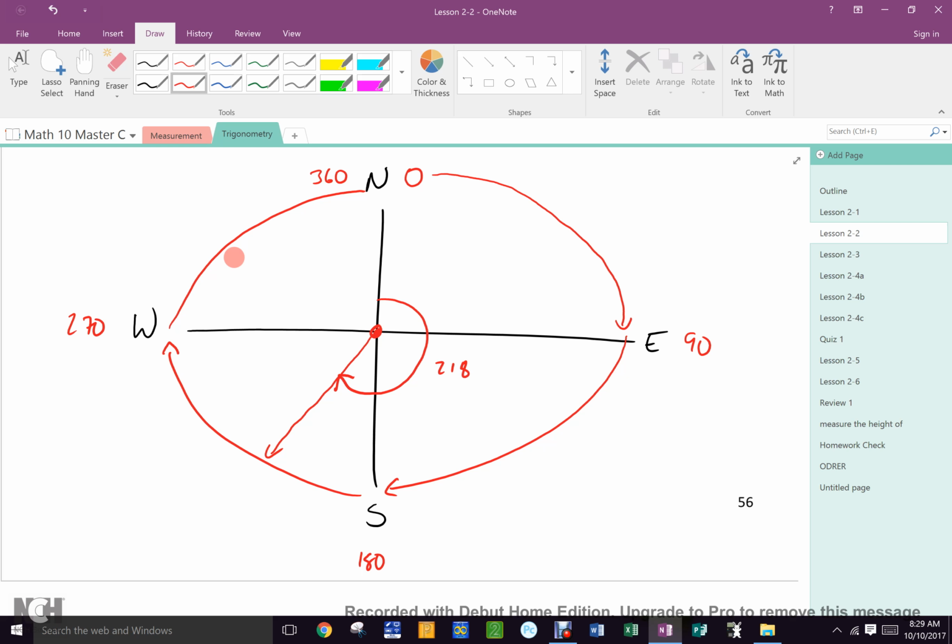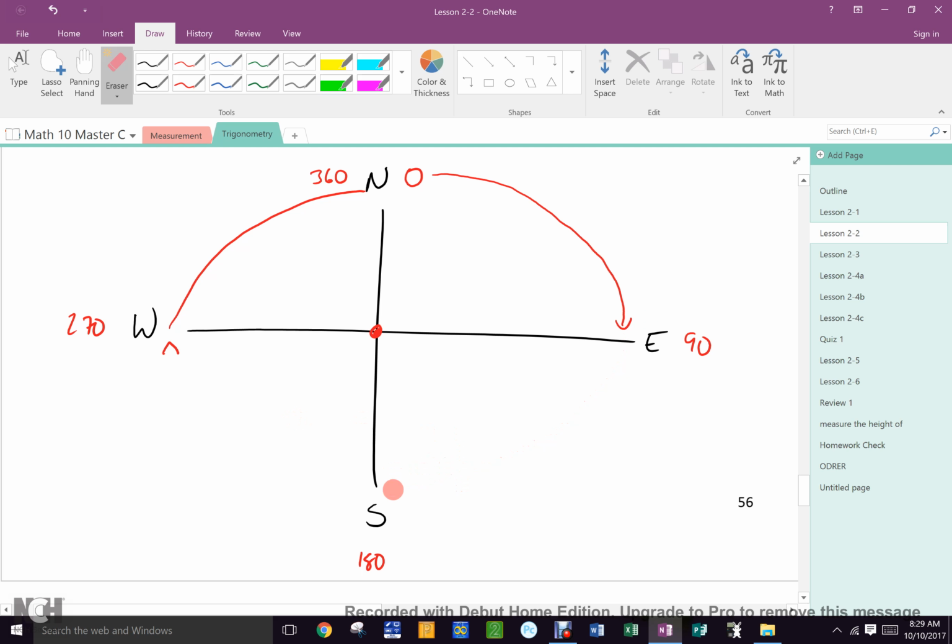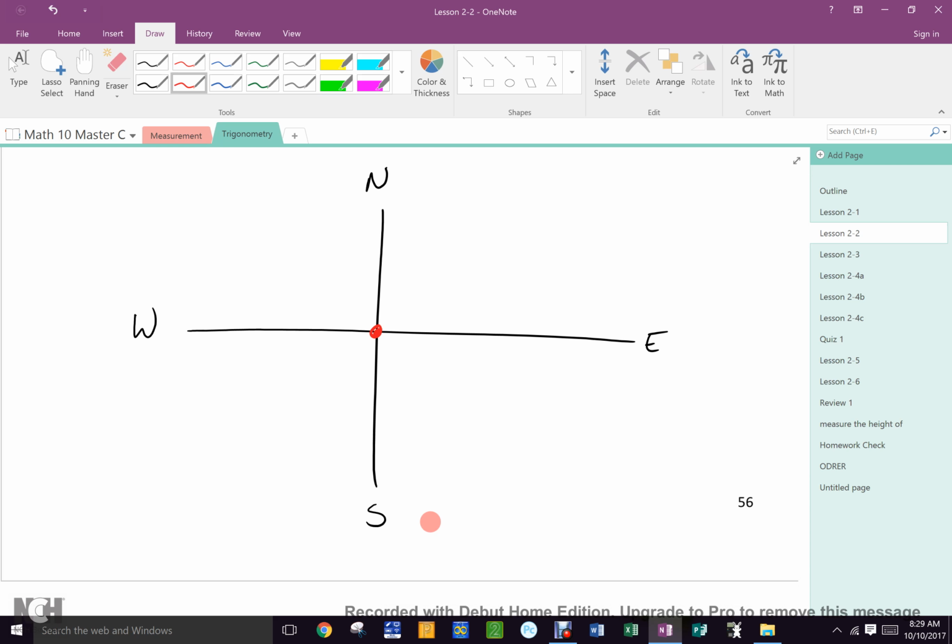Everyone's good? Okay. The other way we use these, and this one is a little complex, so please pay attention, because what we're going to use for this is similar, but not quite the same. The other way we describe directions is a direction, then a degree, then a direction.